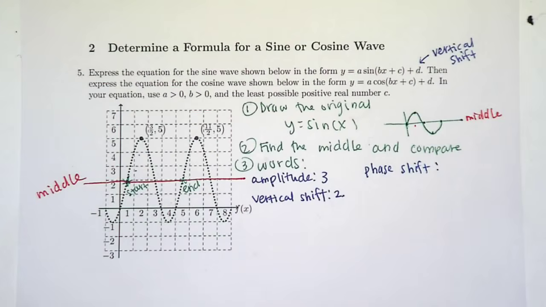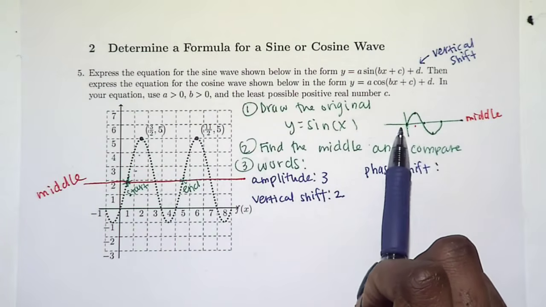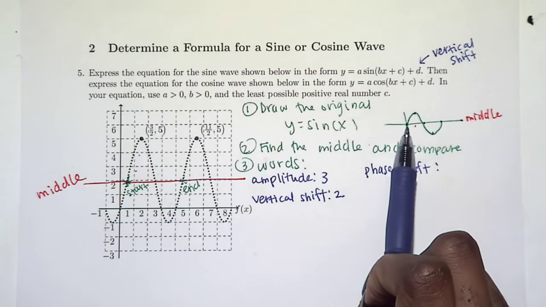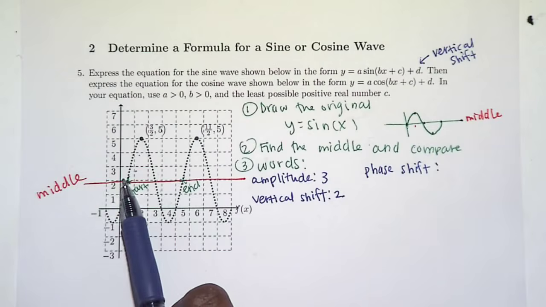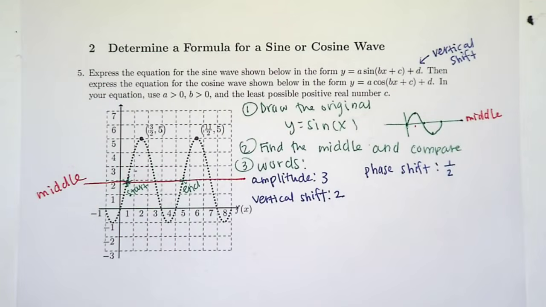So basically this is our new way of saying horizontal shift, so shift left and right. So notice here, if we're talking about horizontally, in the original, the graph starts at the origin, 0, 0. But here in our transformed one, it's been shifted over to the right a bit. It's been shifted over 1/2 to the right. So that's our phase shift.